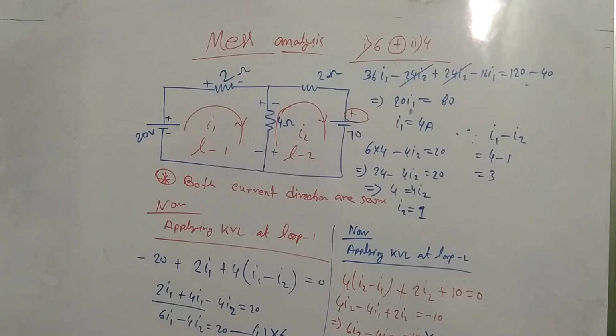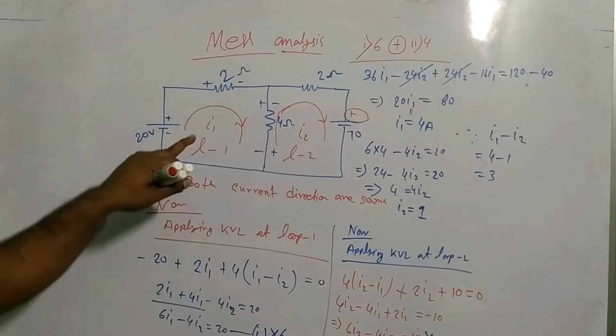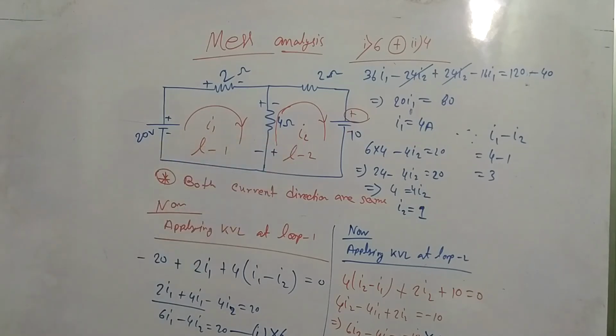If you are unable to understand the problem, then watch the video again and again, and then you will understand. I think it is clear to all of you. What is mesh analysis? In mesh analysis, we always assume the mesh current, not the branch current.